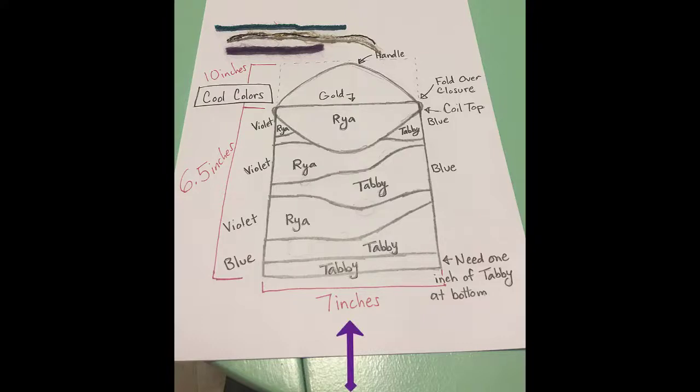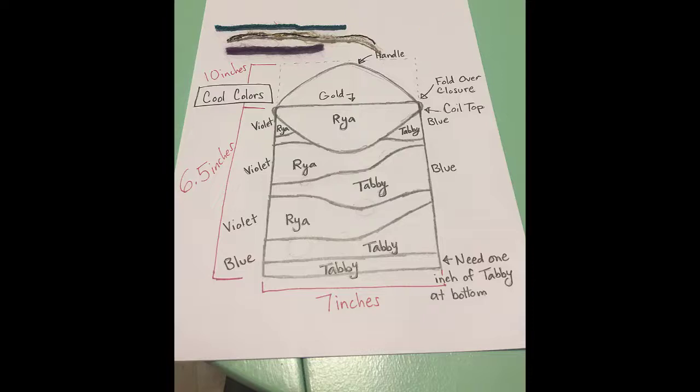My bag is going to be 7 inches wide and it's going to be 6.5 inches tall. Now you can kind of see that I put 10 inches right there. And if you look very closely at my sketch, you can also see I did this dotted outline. My cardboard is actually 10 inches by 7 inches.